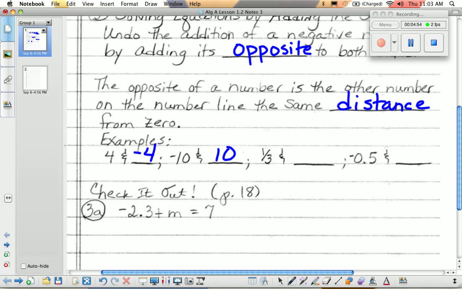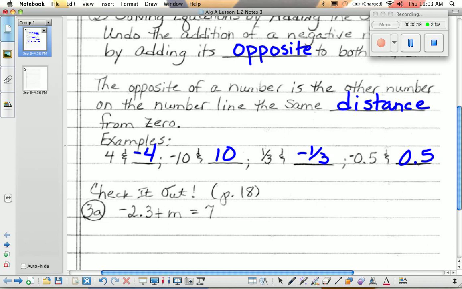Negative 1/3, because they're both 1/3 of a unit away from 0. What's the opposite of negative 5/10? Positive 5/10. Again, they're both 5/10 of a unit away from 0. What's 5/10 the same as in a fraction? 1/2. So they're half a unit away.